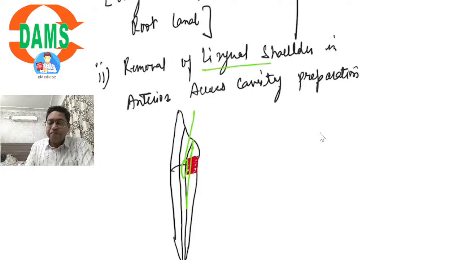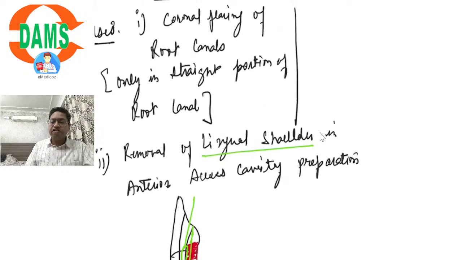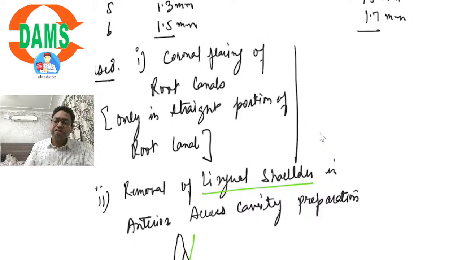This lingual shoulder is basically an anatomical phenomenon found in all anterior teeth, maxillary and mandibular incisors and canines. Whenever we make access cavity preparations for the root canal in this group of teeth, we have to remove the lingual shoulder, and an instrument that can be used for this is the GG drill. So these are the two important uses for GG drills. If we talk about peeso reamers, they have only one use, that is post space preparation.